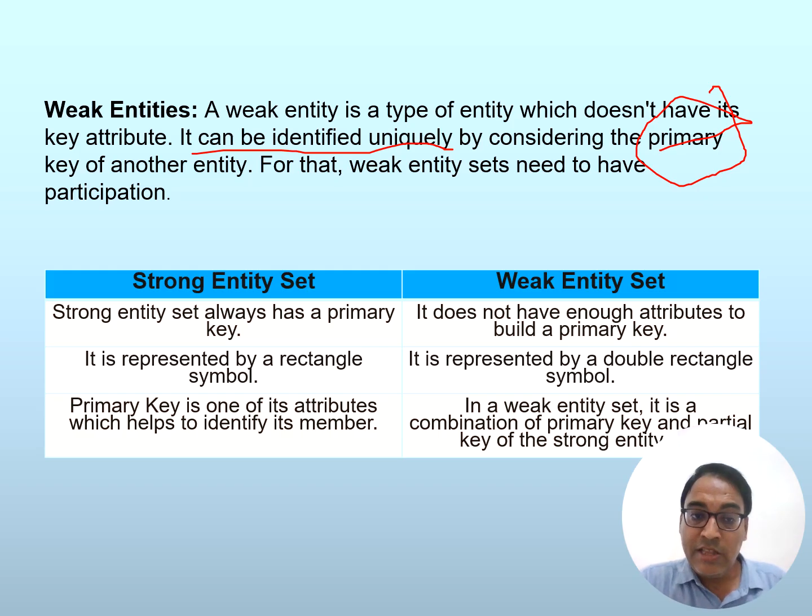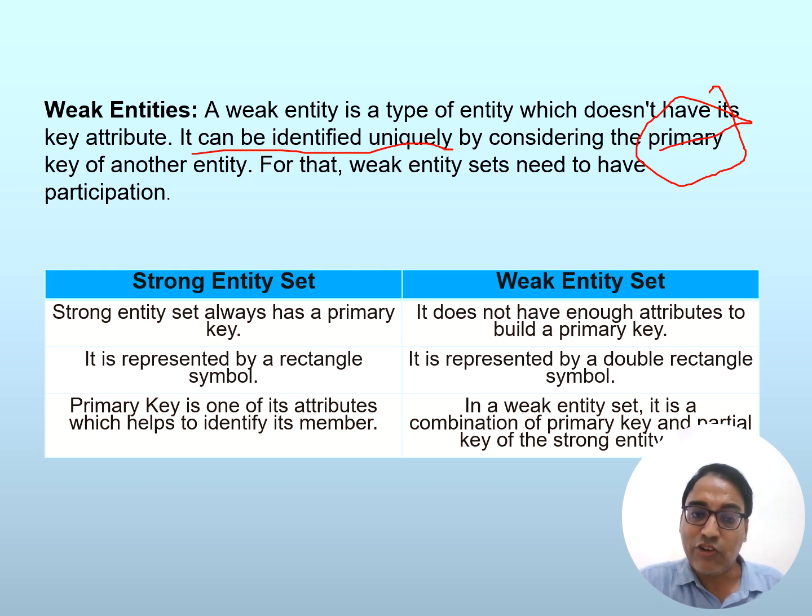This is the primary key, the strong entity part. It is represented by a rectangle symbol. The weak entity set is represented by a double rectangle, one rectangle encapsulated within another rectangle.